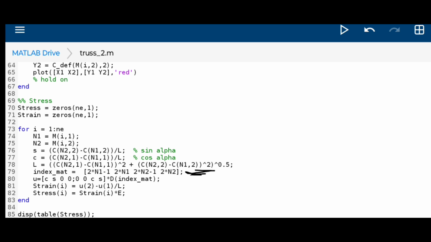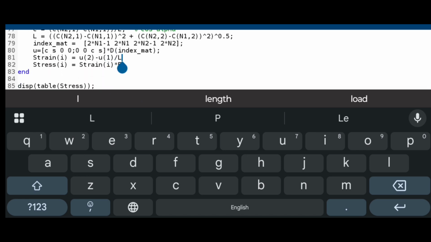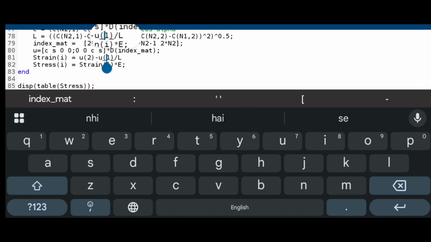So we will get u1 and u2, and after getting this displacement we just have to get the strain, which is equal to u2 minus u1, the whole divided by l. This is the whole divided by l, not just u1.